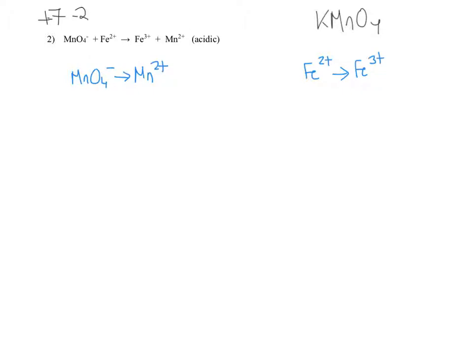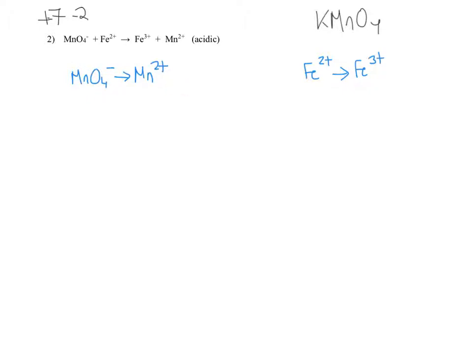Step 4 says balance the oxygens and the hydrogens using the following rules. And you have to do this in order. So 4A says you balance the oxygens by adding water to the deficient side. So let's look here. We have 4 oxygens. We don't have any on this side.